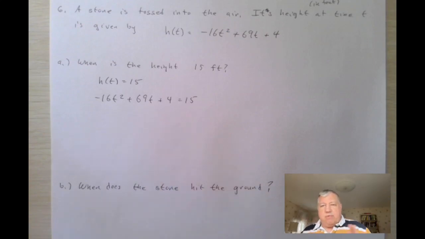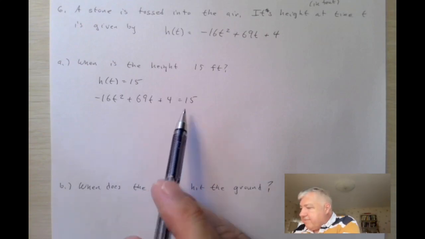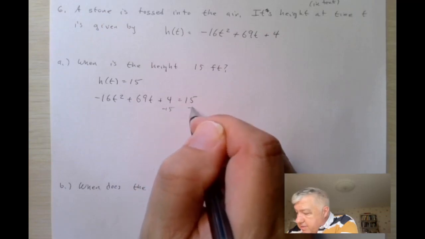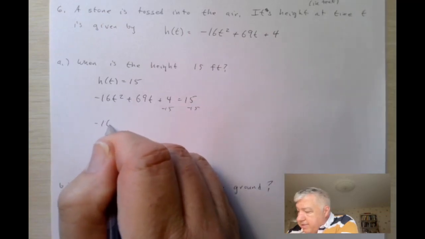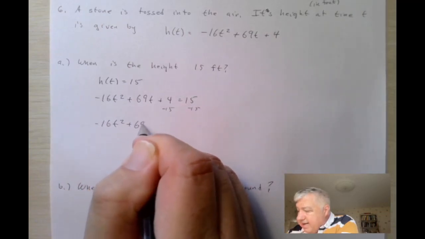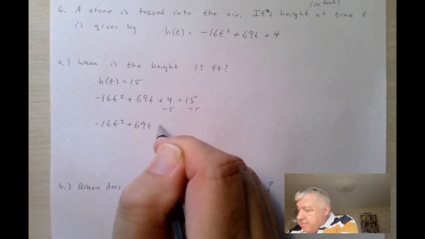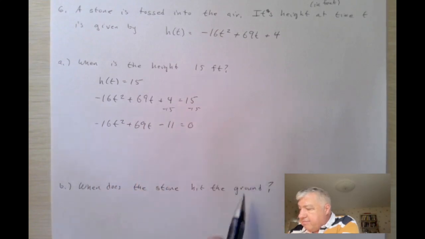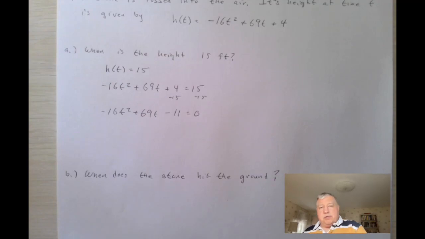First we'll subtract 15 from both sides, and we'll get negative 16t squared plus 69t minus 11 equals 0. So this is now a quadratic equation. We just have t instead of x, but everything else stays as before.